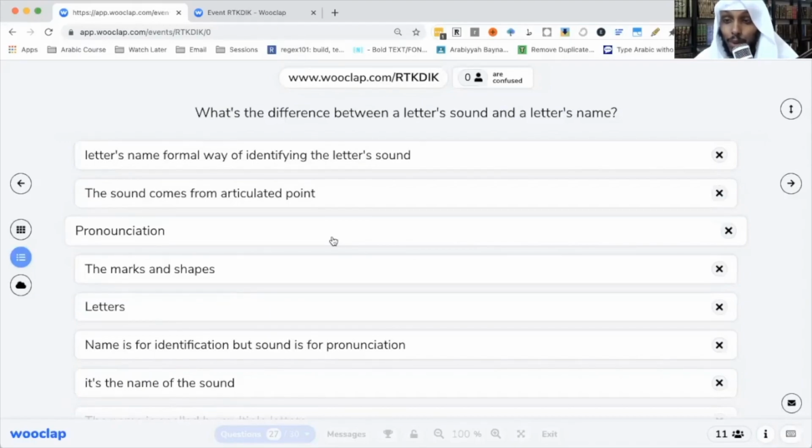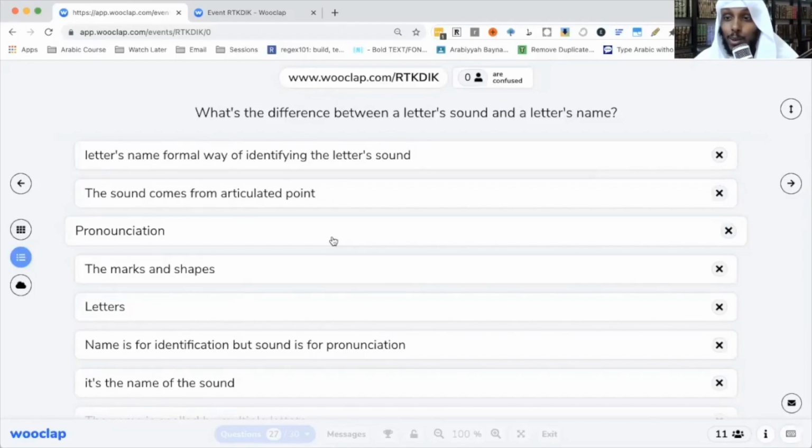We mentioned Huruf al-Muqatta'ah, those surahs that start with letters. Okay, there we pronounce their names. We say Alif, Lam, Mim. These are the letter names, not the sounds they make. Okay, here we're pronouncing the letter names.